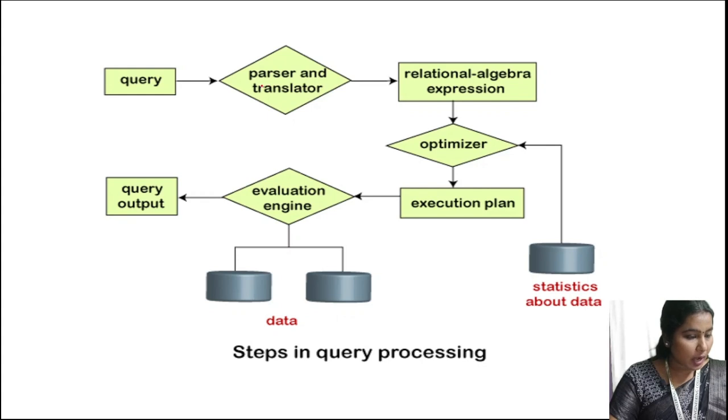So this is the first step: the process starts when you submit a query, and the query parser checks the syntax, validates the table names and attributes, and ensures everything is correct.